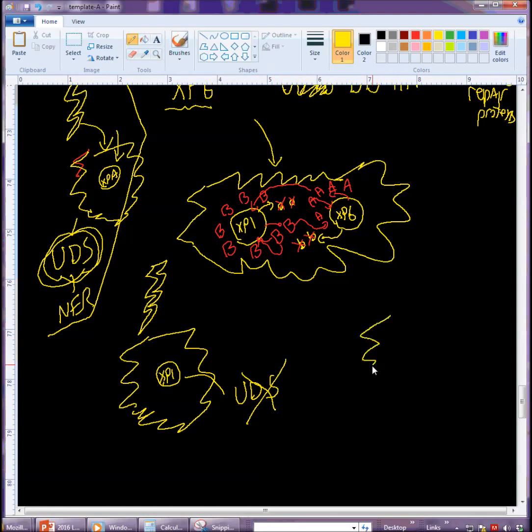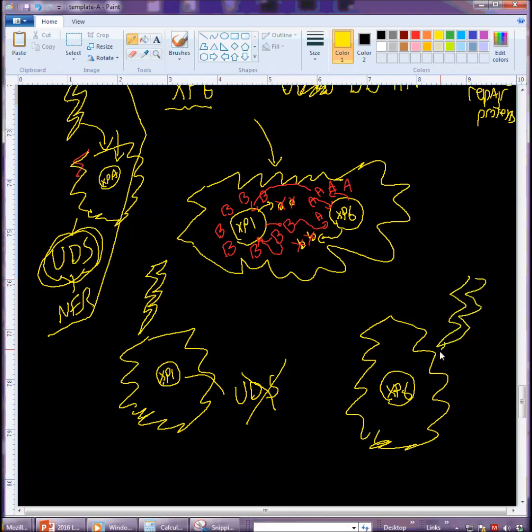Same thing for XP6. So you expose that to UV light, you will not detect UDS. So no UDS. And how come?